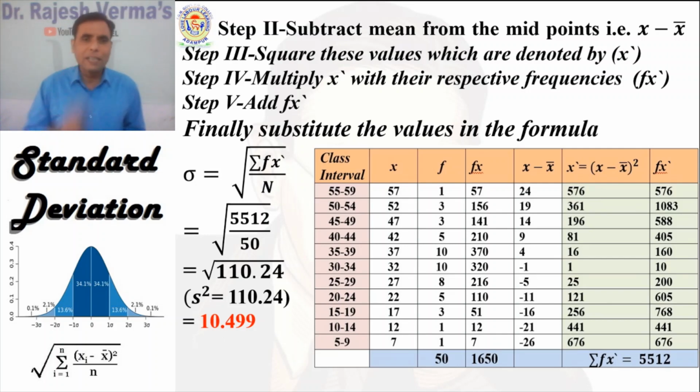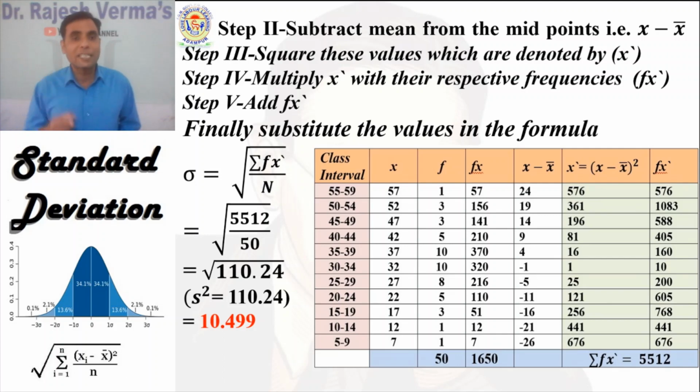Let me quickly revise that. First, calculate the mean. For the mean, calculate the midpoints, multiply the midpoints with the frequency, add up that total and divide by your total number of frequencies. That will be your mean. The next step, subtract your mean from each midpoint, and square that deviation.